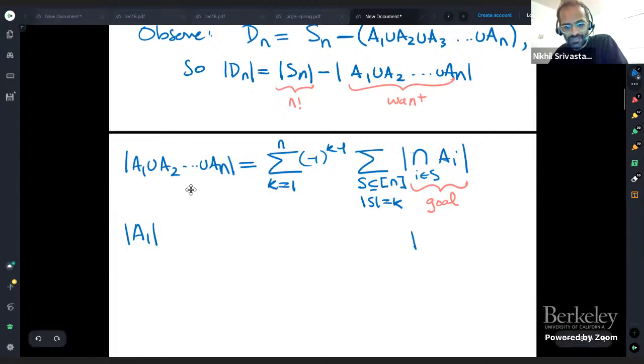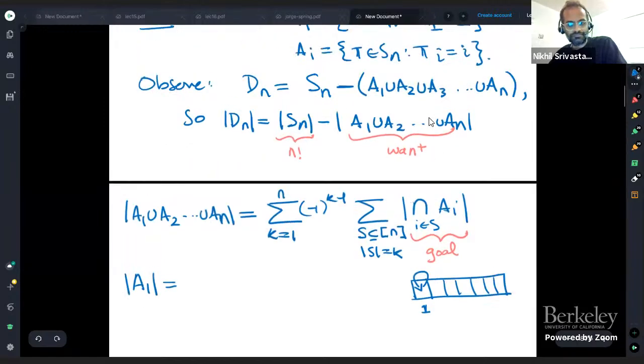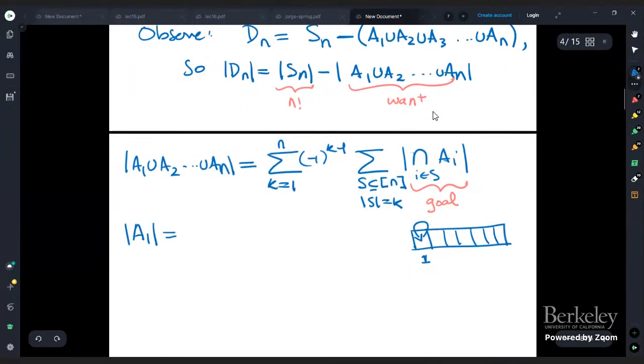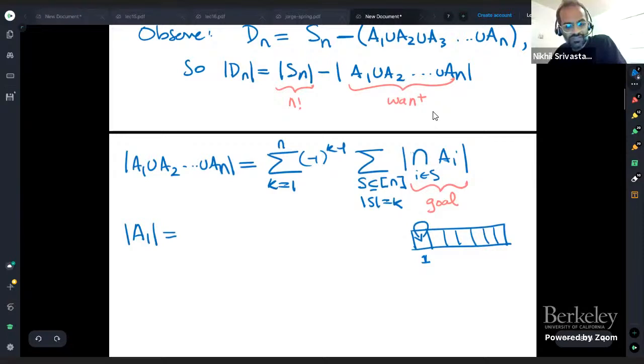A1 is the set of permutations which fix the element 1. So 1 gets mapped to itself, and then the rest can be any permutation. How many such permutations are there? (n-1) factorial. You just make a permutation on the rest of the n-1 elements.